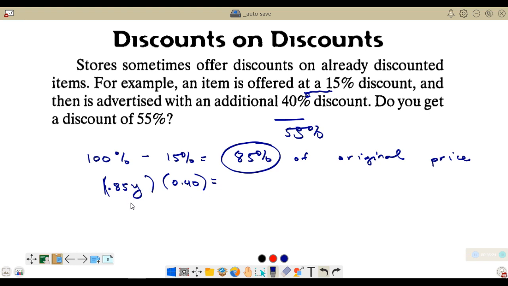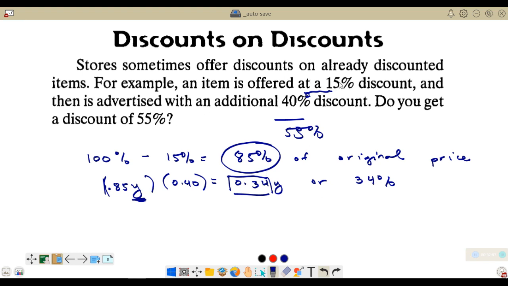So, 0.85 times 0.40, we have 0.34Y. Okay? So, now, itong 0.34 natin dito, or yung additional na 34% of the original value, ang naging discount mo for the second time.